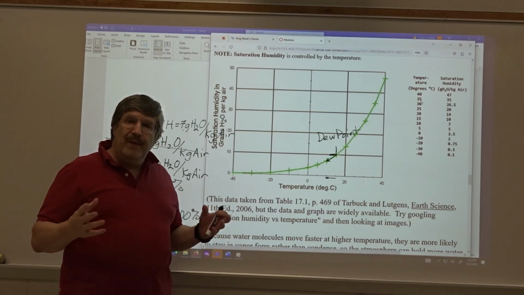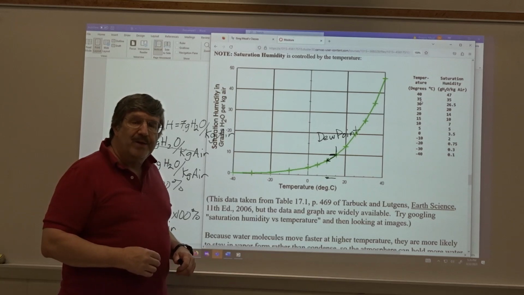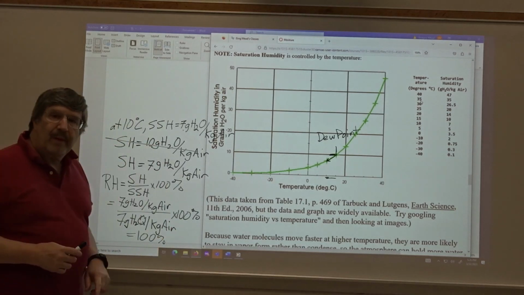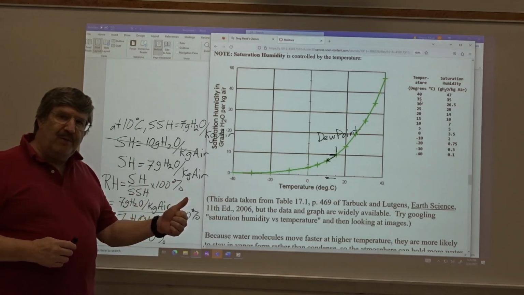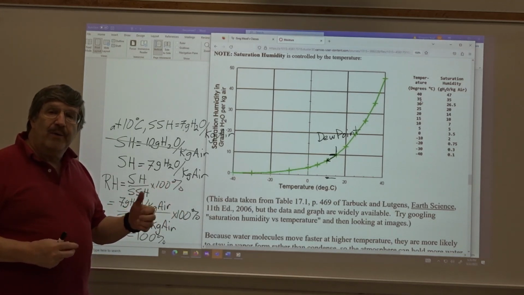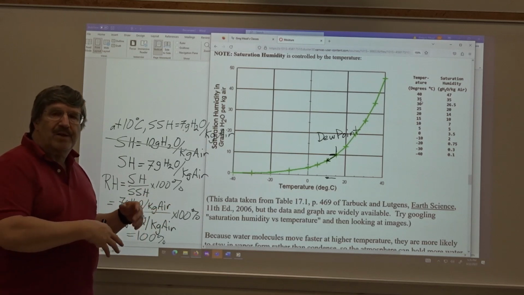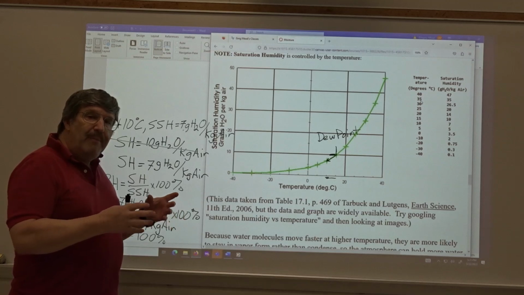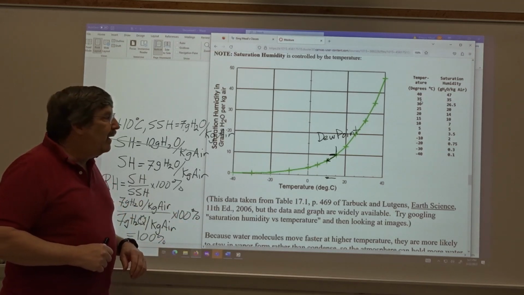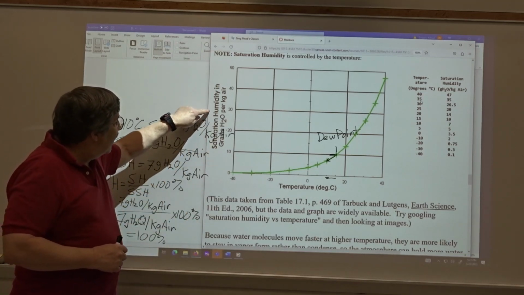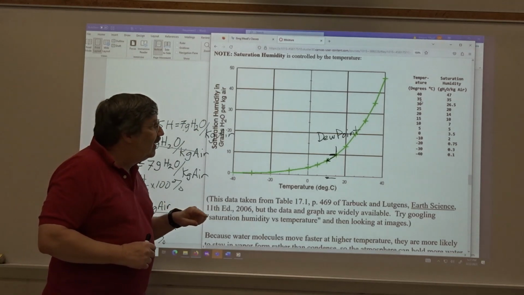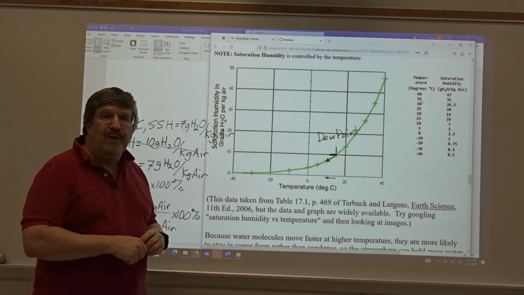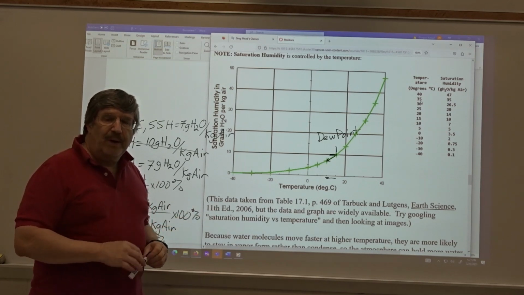And so this is how you make calculations of relative humidity from the specific humidity, which you have to know through some other means. Meteorologists will actually measure the actual specific humidity, and then you use the saturation specific humidity to figure out what the maximum is, and then you just get a ratio of the two to get your relative humidity.